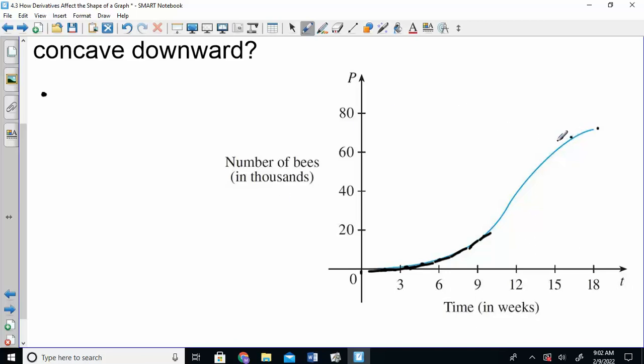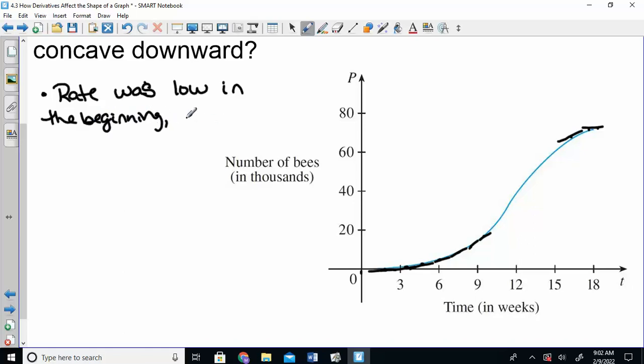And then what's happening towards the end? It's slowing down. So the rate was low in the beginning, increased, then slowed down again.